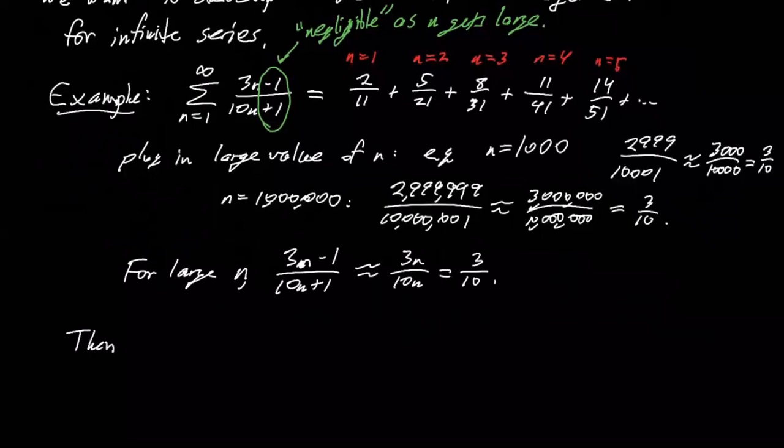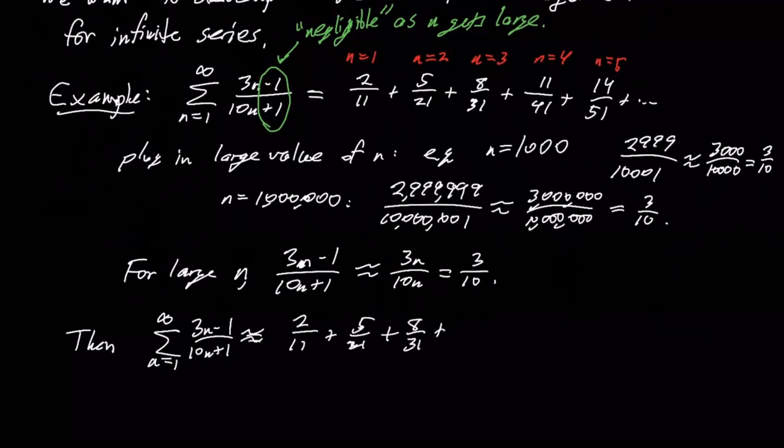The sum of the series we started with, copying it down again, starts off with terms that are not that close to 3/10. 5/21 is close to a quarter. But as we go down the list, we are basically adding 3/10 again and again.